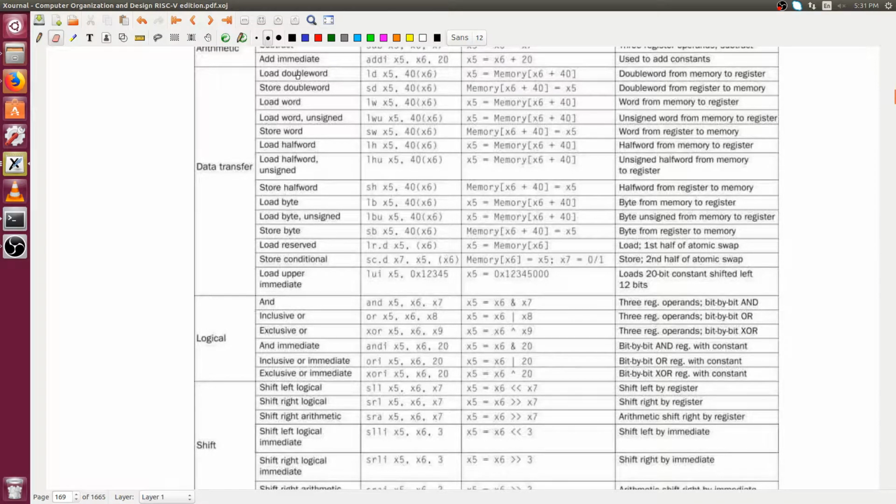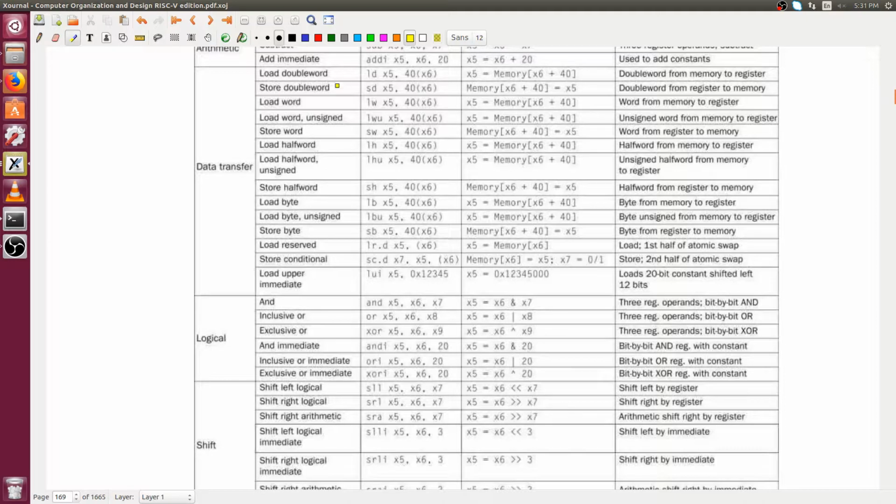our loads and our stores. Loads and stores are how we actually access memory. When we want to get something from memory, we're going to do a load, and we're going to give it an address. We're going to find something that's at that address, and load it into some register.